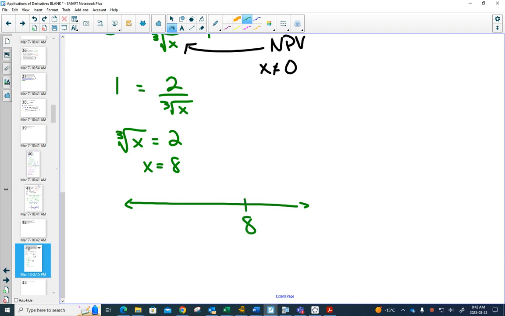Students would put the number 8 on there for the derivative, but they would forget to put 0 on there, because it's a critical point. So we do all stationary points, and then all critical points. And critical points will include non-permissible values of the original graph, but also non-permissible values of your derivative graph.